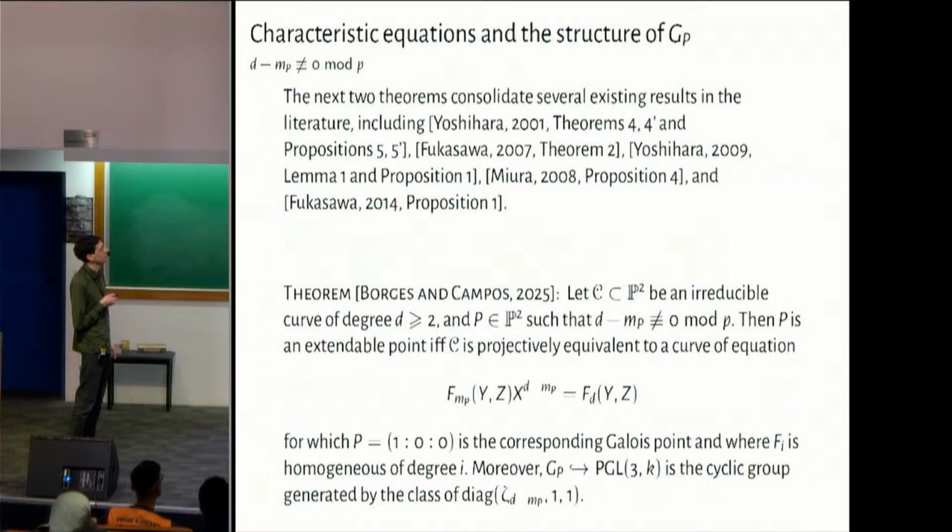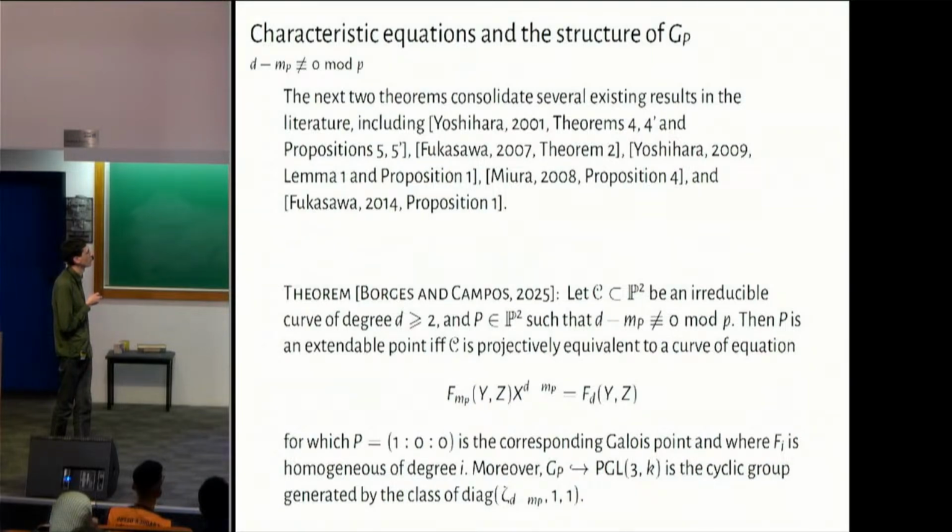More exactly, it depends on whether this difference here is 0 or not modulo p. If it's not 0, then the curve is projectively equivalent to a curve of this equation, and the corresponding extendable Galois point is this one.